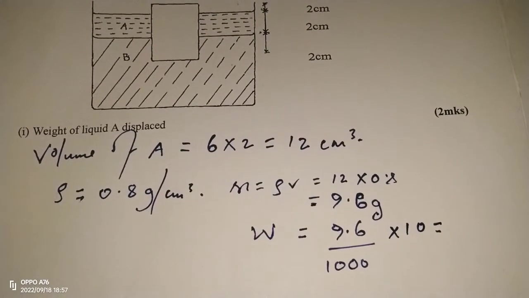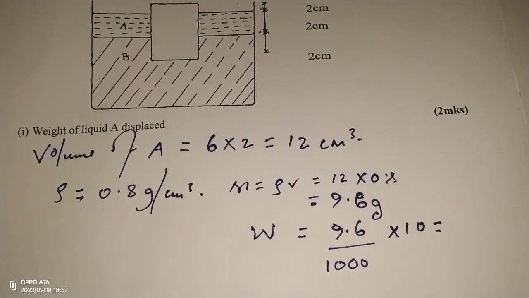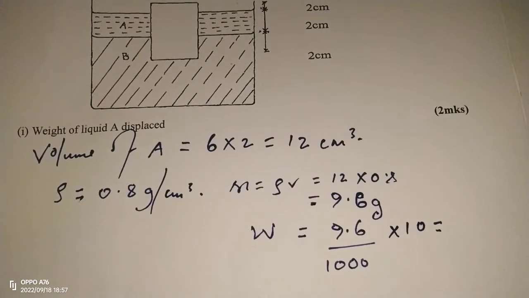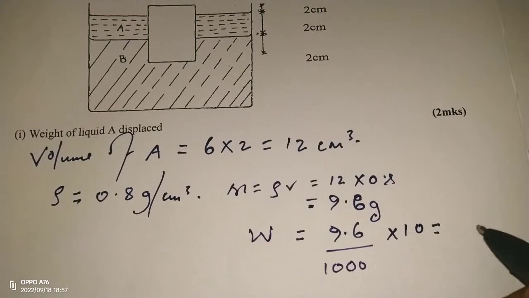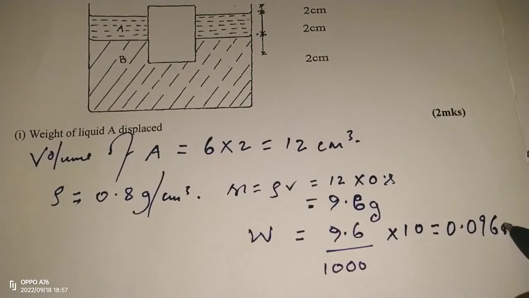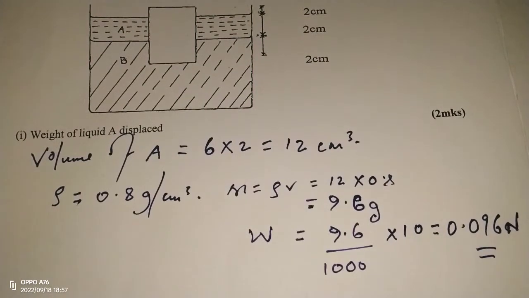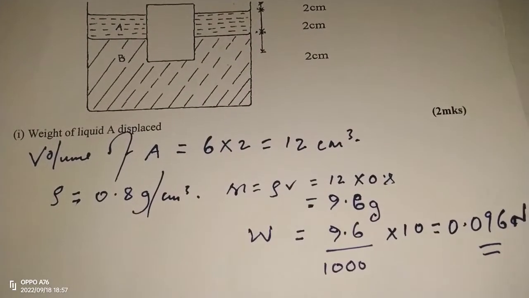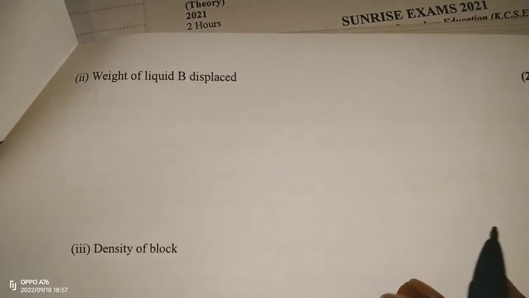So we multiply by 10 and divide by 1,000, and this will give us 0.096. This will be in newtons because we have made it weight now.